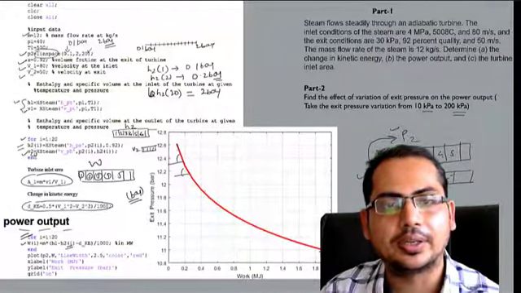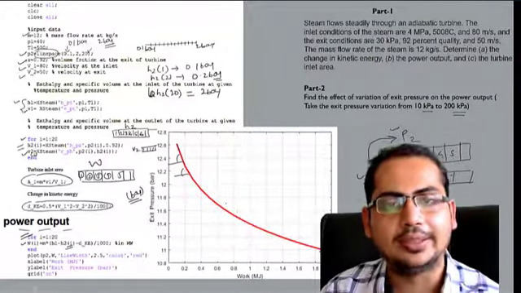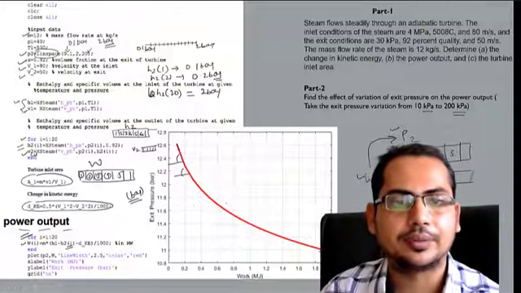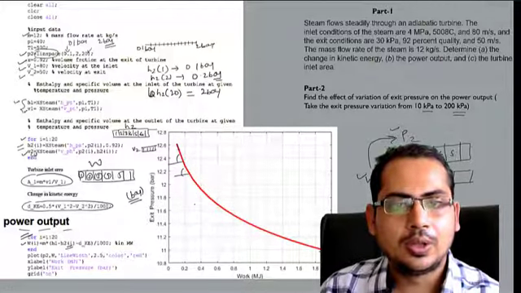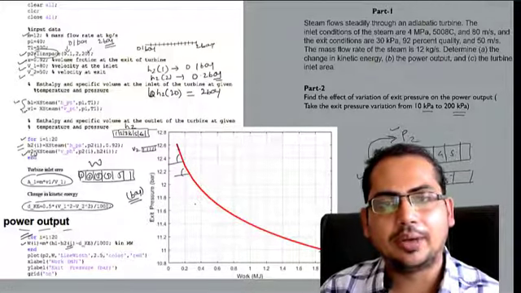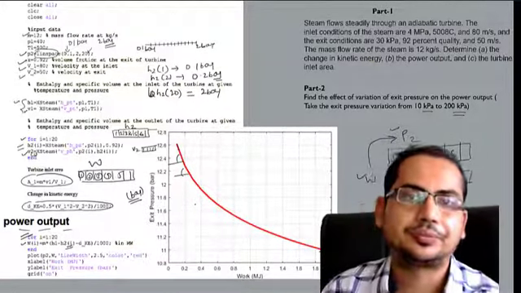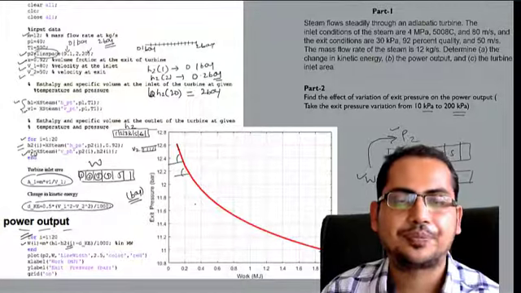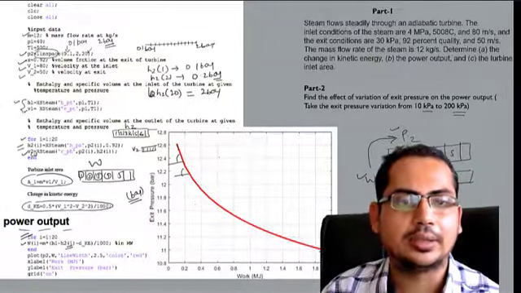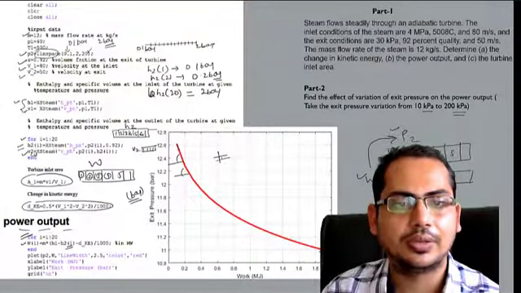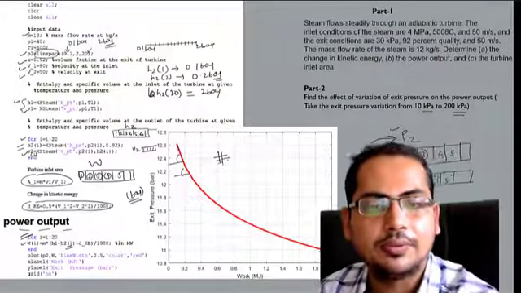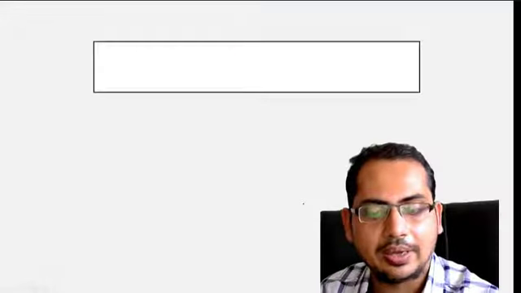Initially the slope is low, and then the slope is increasing. So as you increase the pressure, the power output continuously decreases. So this is the conclusion, and this is the question solution with the help of the Matlab software.